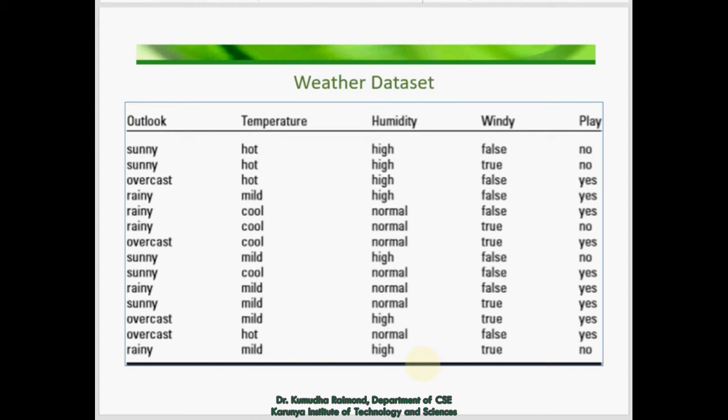Each of these input attributes takes nominal values. For example, outlook takes the nominal values of sunny, overcast and rainy. Similarly, all the other input attributes also take a number of nominal values. And play is the output attribute which takes the nominal values of yes and no.